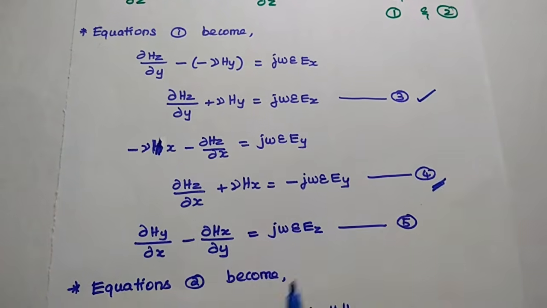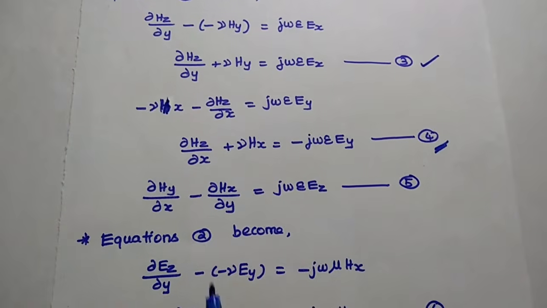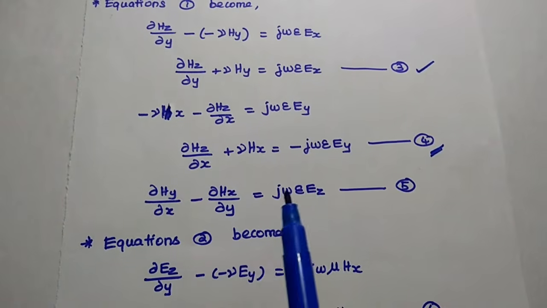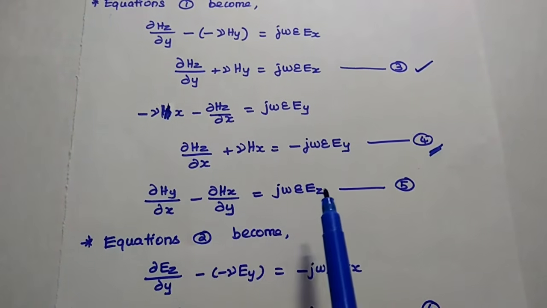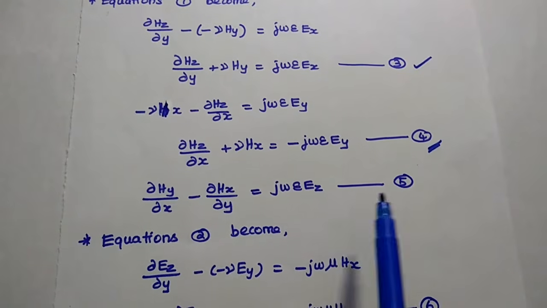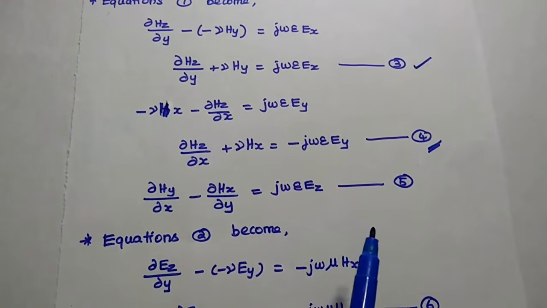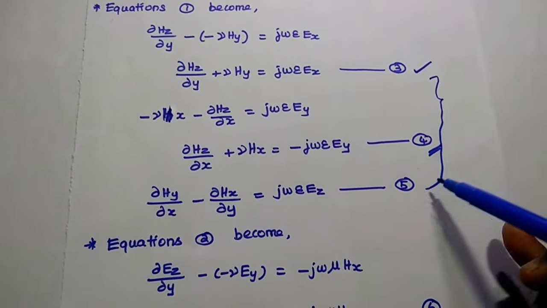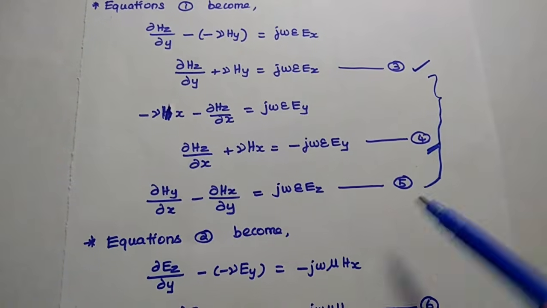So this is the fourth one. Then the third one is ∂Hy/∂x − ∂Hx/∂y = jωε Ez. There is no change in this equation, but we can consider that as the fifth equation. So the first set of equations can be written as the third, fourth and fifth equations.